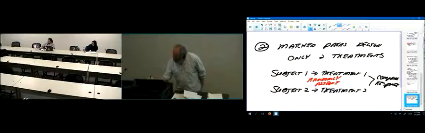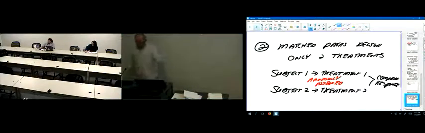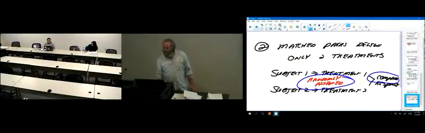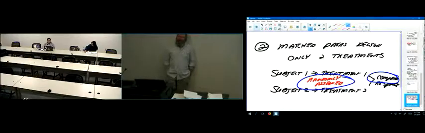What I mean is, flip a coin. Heads, subject 1 gets treatment 1. Tails, subject 1 gets treatment 2, and the other one gets the other. So is this a randomized comparative experiment? Is it limited more than a completely randomized? Yeah. You can only compare two treatments.